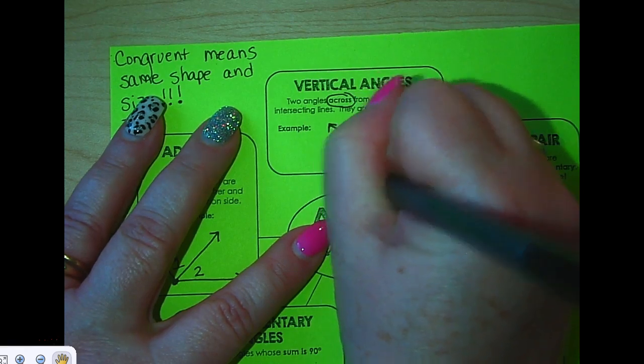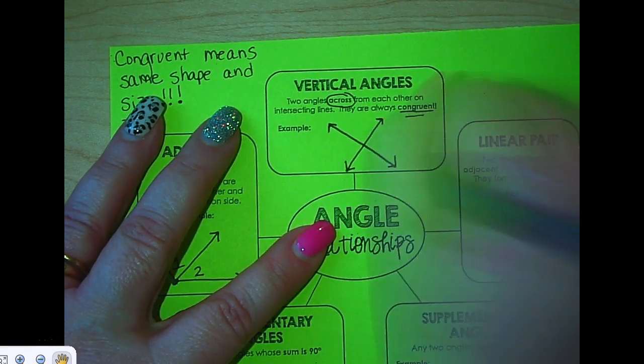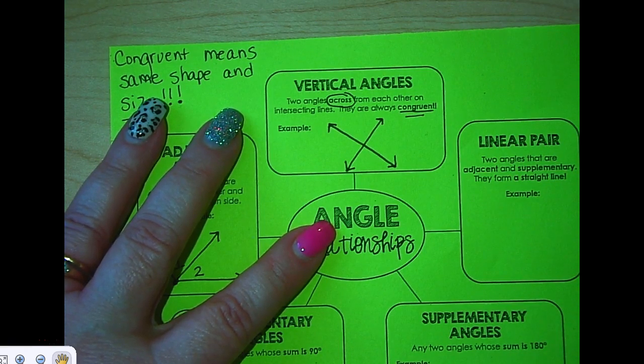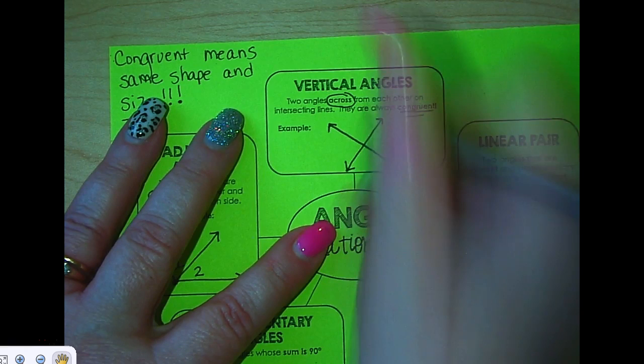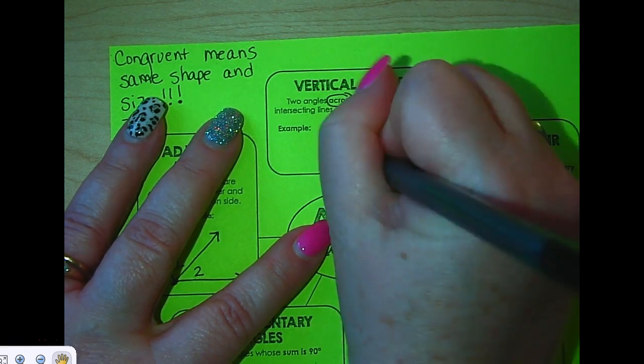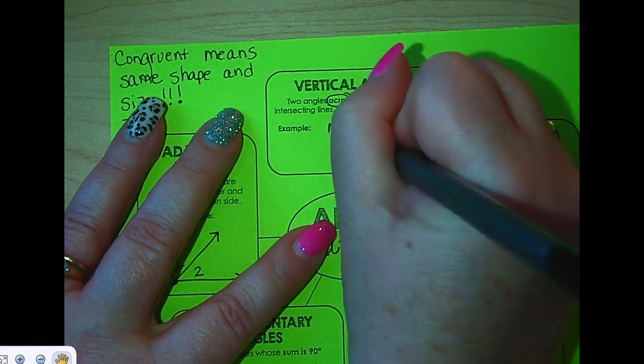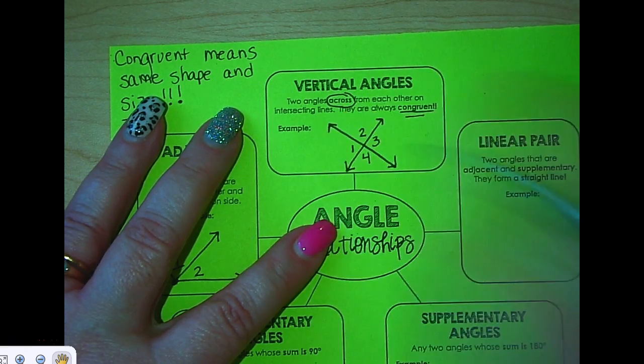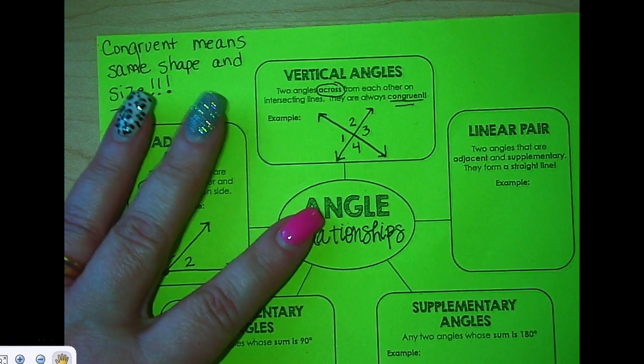They're not line segments. So here would be angle 1, angle 2, angle 3, and angle 4. So there's 4 different angles.